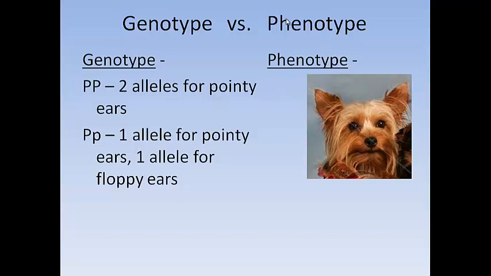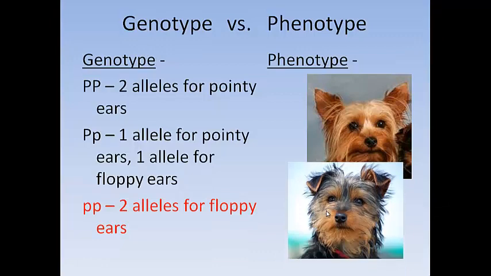So the phenotype, what you look like, for these 2 genotypes, is the same. How about if we had 2 copies of the recessive version of the gene? What would the phenotype for that be? What would you look like if you had those 2 versions of the gene? You'd have floppy ears.